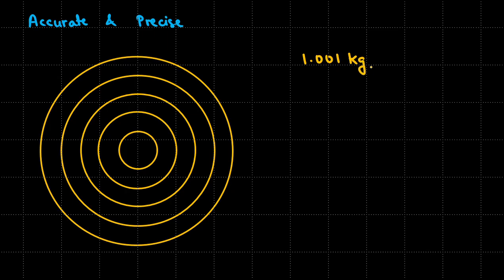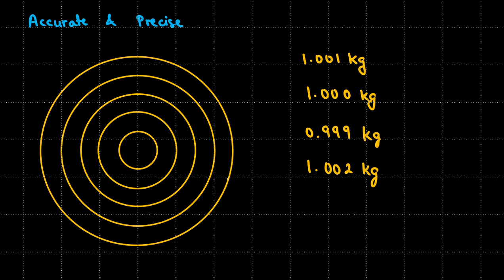So suppose we have data like 1.001 kilograms, 1.000 kilogram, 0.999 kilogram, and 1.002 kilogram. Look at the values. They are very close.